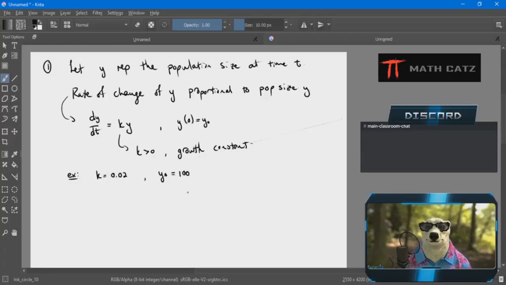Could be bacteria, could be people, could be fruit flies, could be anything that is growing. So if I use this example, then my differential equation is dy/dt = 0.02y, and my initial population size is, for example, 100.